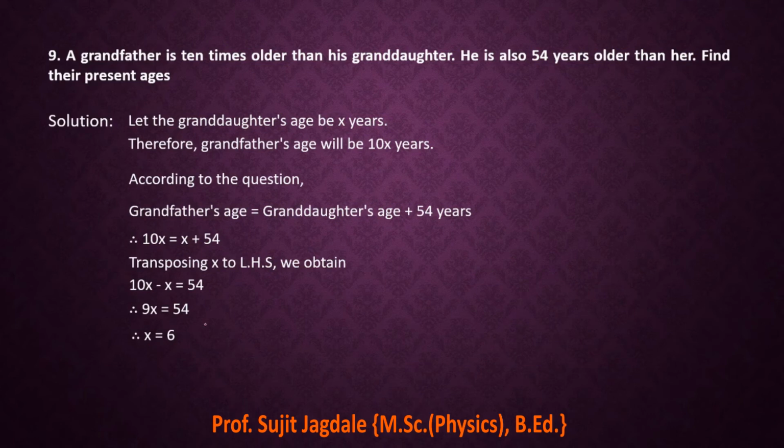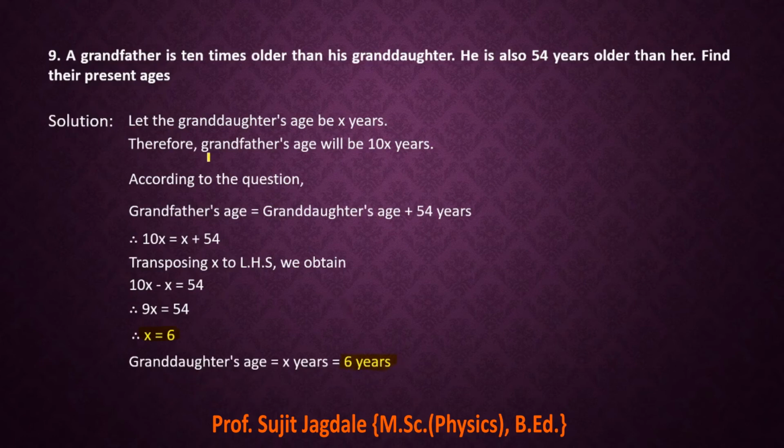And we know that x is the age of granddaughter, and we have to find both ages. That means we have to find out their present ages. So here x is equal to 6. That means granddaughter's age is 6 years, her present age is 6 years.